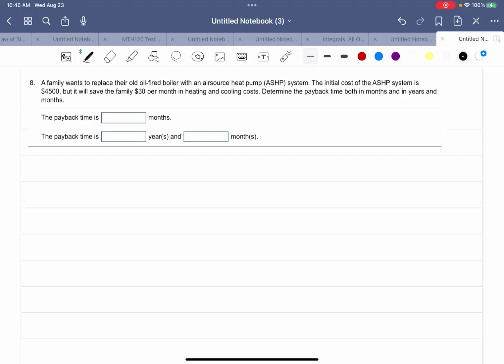Determine the payback time both in months and in years and months. So what we're going to do is we're going to have this $4,500 and we're going to divide that by 30. So $4,500 divided by 30 is going to be 150 months.